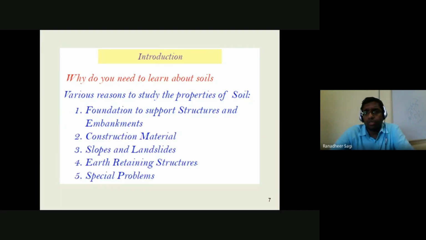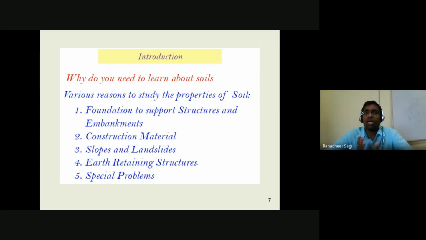So why do you need to learn about soils? As I said, to know the properties of the soil, which would tell us how the behavior of that soil is going to be, whether it is used as a foundation to support structures, or in the construction of embankments with certain slopes, or wherever you come across landslides, or in the case of earth retaining structures.